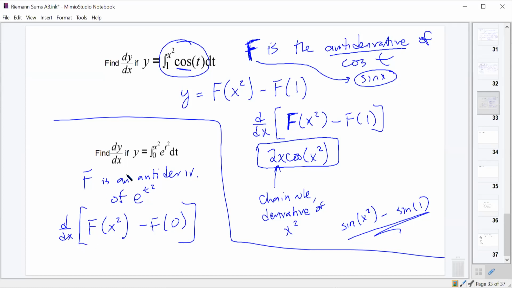And now for this problem, what's the derivative of capital F?